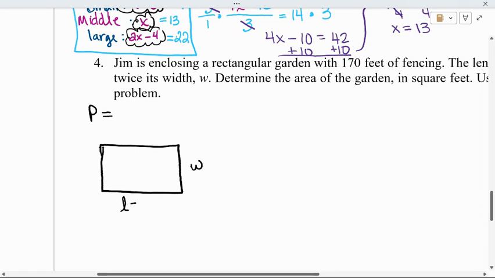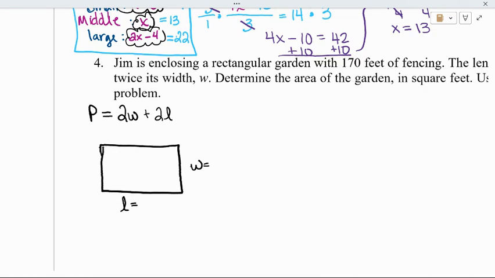It's either a W or an L. So if I wanted to find the perimeter, I have to take 2 times the width plus 2 times the length. Okay? 2 times the width plus 2 times the length.